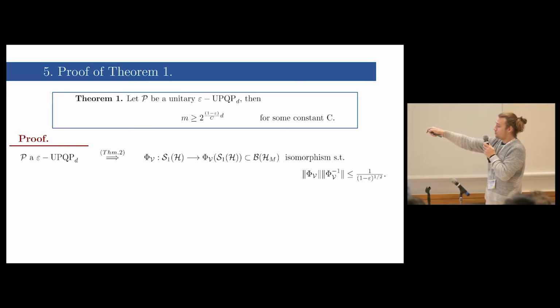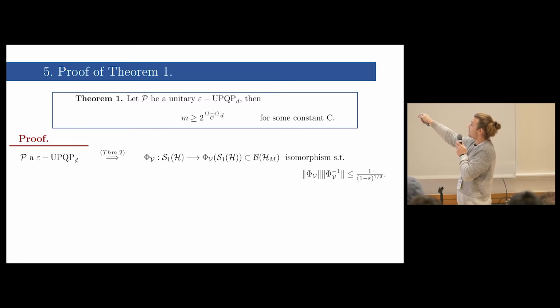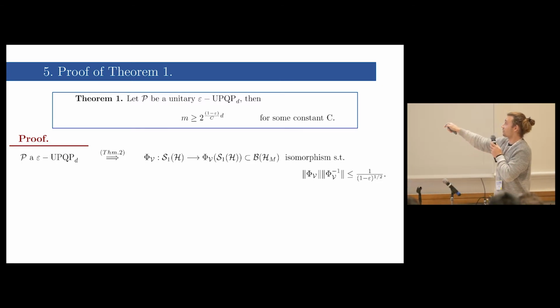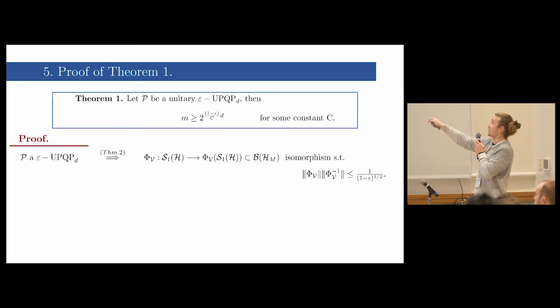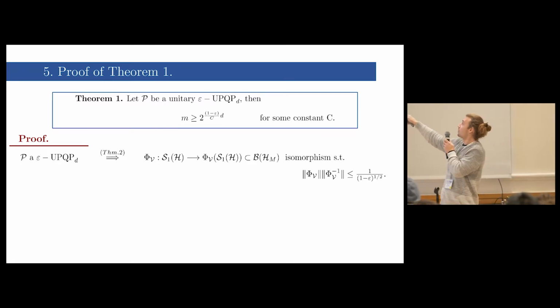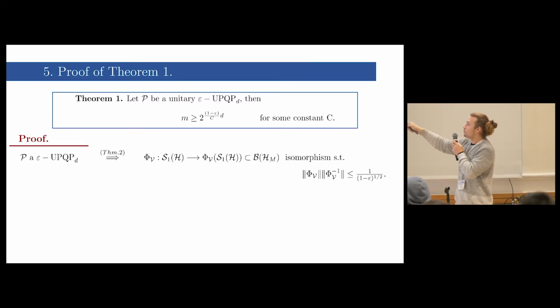Theorem 2 told us that this embedding was indeed an isomorphism with an isomorphism constant controlled by the epsilon parameter of our epsilon UPQP.